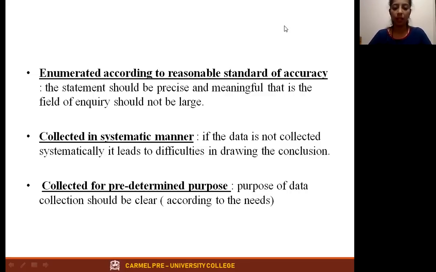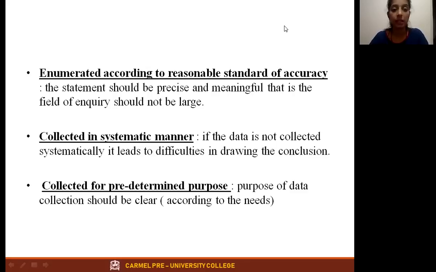So it means that the personal bias and prejudice of the enumerator should not be there while counting or measurement of data. Okay, the statement should be precise and meaningful. That is, the field of inquiry should not be too large. There should not be any kind of bias, that is personal bias.